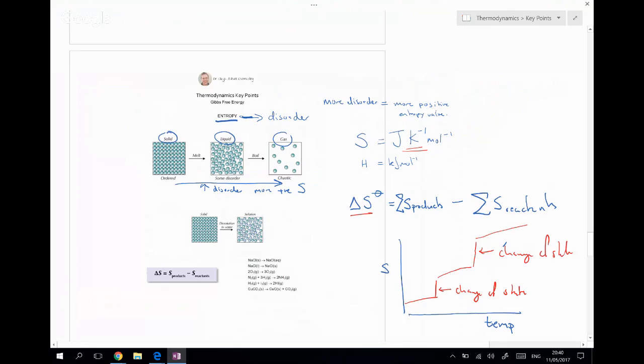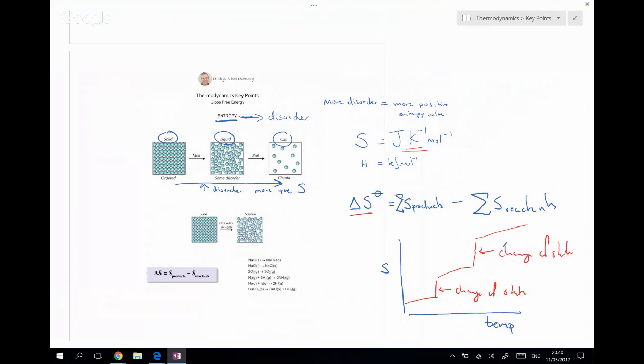So we're always interested in how that change occurs. You're absolutely right, Kay, that entropy is disorder. But often what we're interested in when we're looking at our reactions is the change in entropy, that is the delta S. Individual molecules will have a finite entropy from which we can calculate a value.